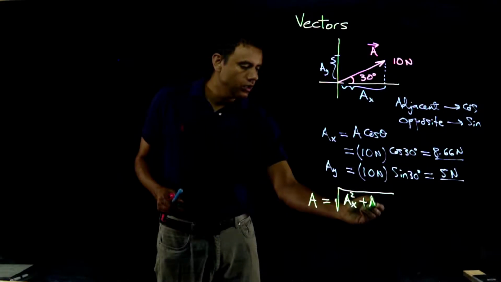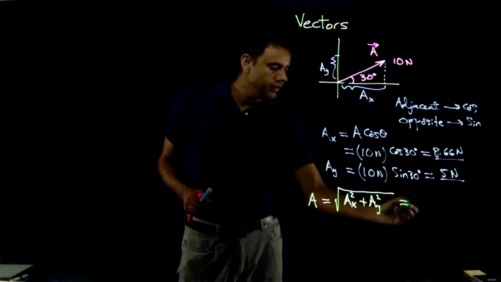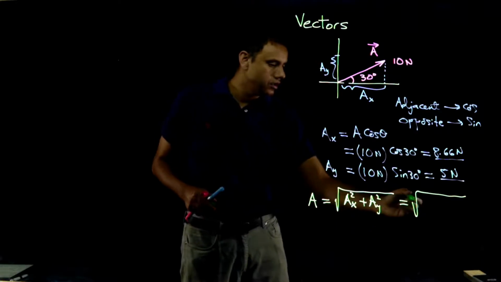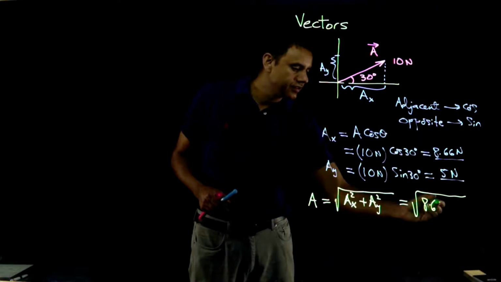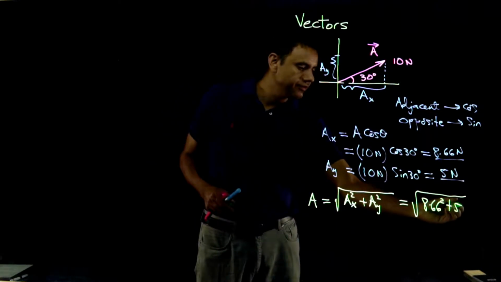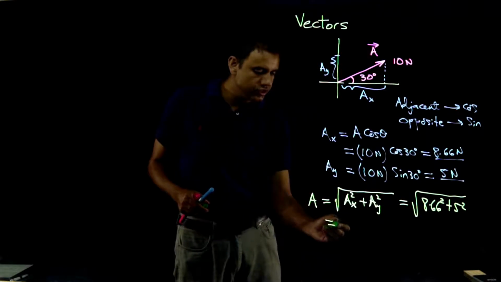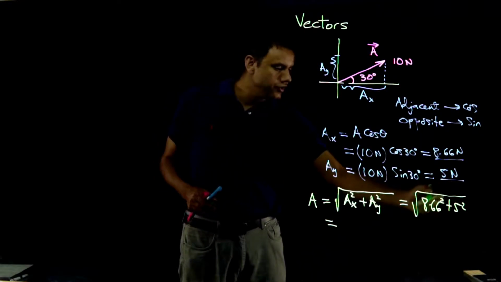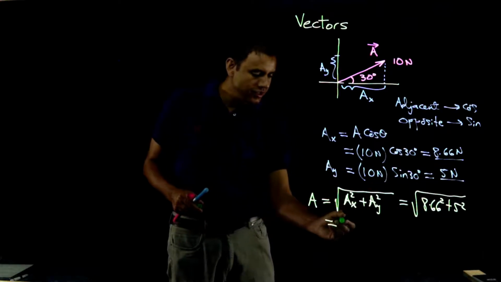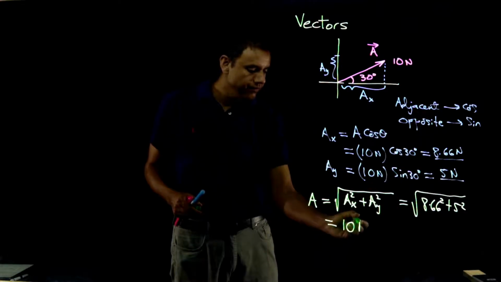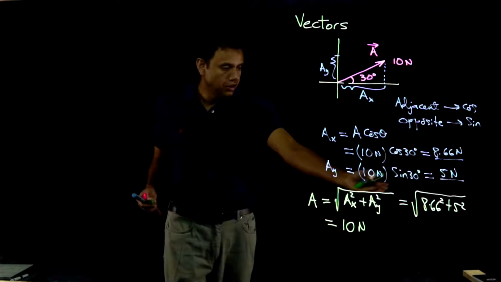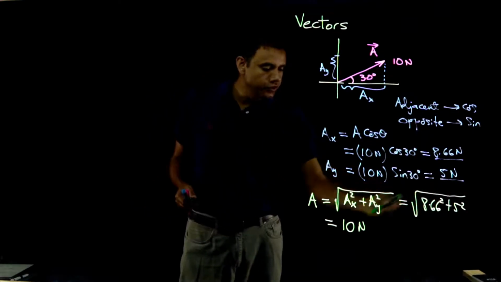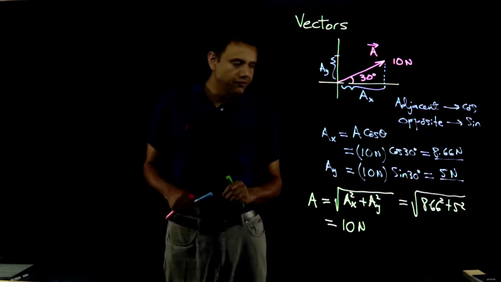All I have to do is take the square root of 8.66 squared plus 5 squared, and that should give you a total of 100 inside this square root, and you get 10 Newton. So I just used the components and got back the full vector.